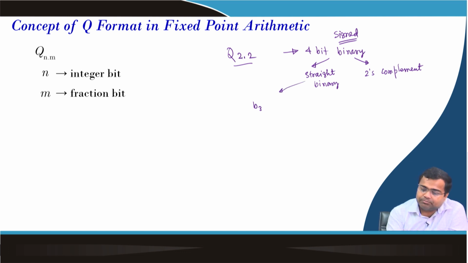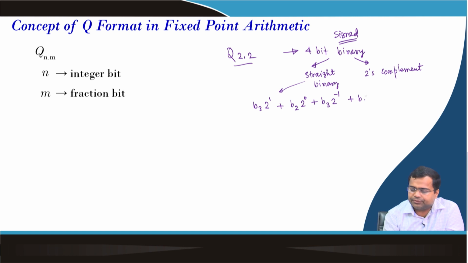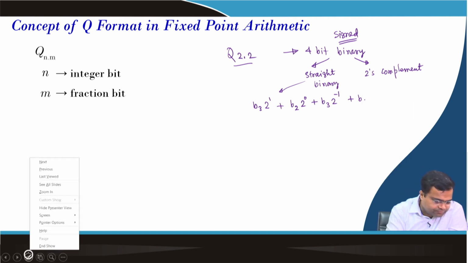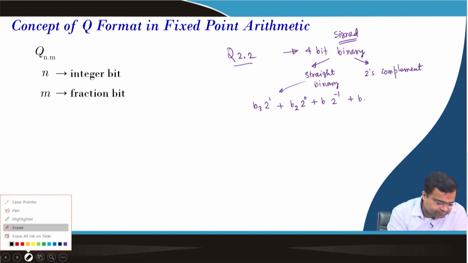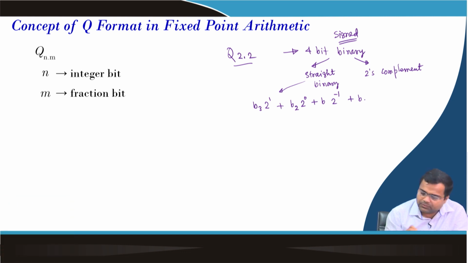Then, because we have 2 integer bits, the last integer bit must be 2 to the power 0. So, naturally the first will be B3 2 to the power 1, then B2 2 to the power 0, plus B1 2 to the power minus 1, then B0 2 to the power minus 2, right.